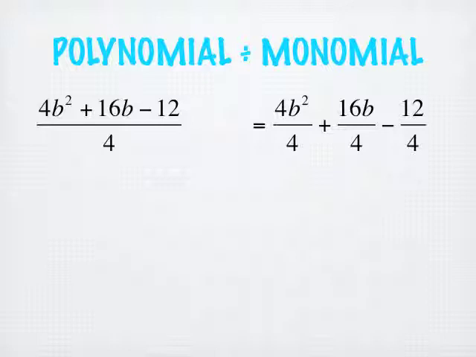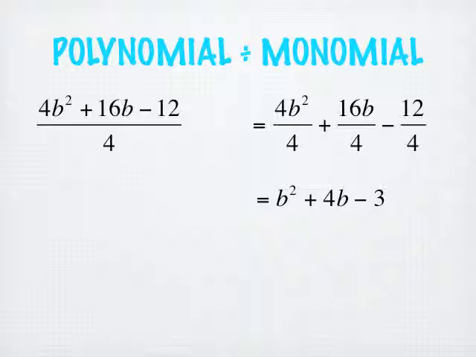I would not just cancel the 4 from the 4b squared and the 4 in the bottom. I can only cancel if I do it from every term. Now, the 4b squared over 4, I can cancel those 4's because there's only one term in the top and one term in the bottom. So those cancel and just leave me with b squared. In the second term, I'll get 4b, and then the 12 over 4 would give me 3.